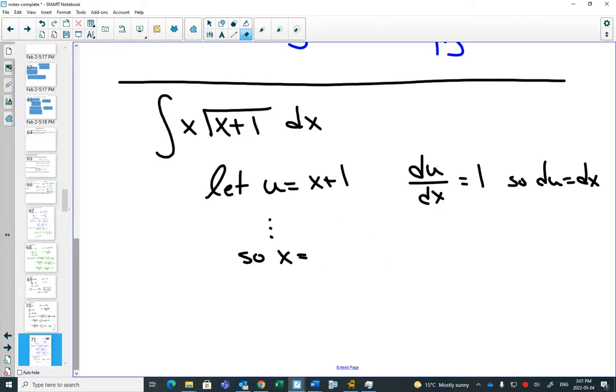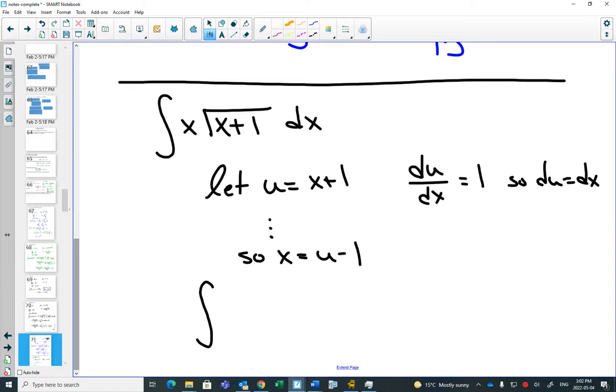Wait for it. Could I do that? If u is equal to x plus 1, I just move the 1 to the other side, and that means that x is equal to u minus 1. And once you get to university calculus, they will give you some very clever substitutions like this, where you have to be creative to make the substitution work.